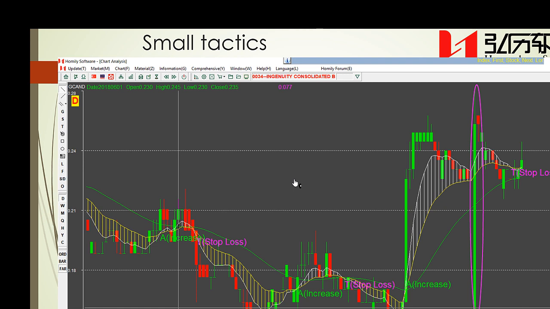Maybe you will think the disaster is coming, this is the share market disaster. So maybe you will sell it, but actually this is a buy point. Yes. After that the price quickly moves up.